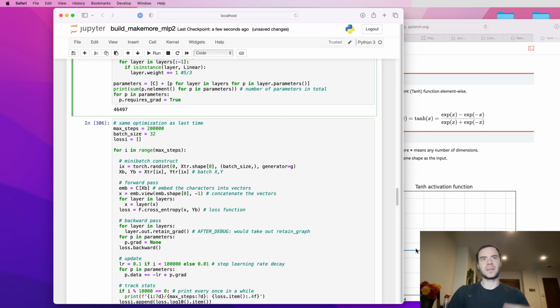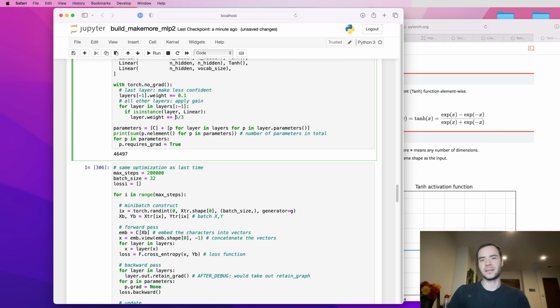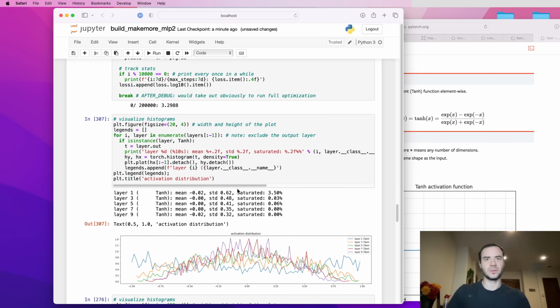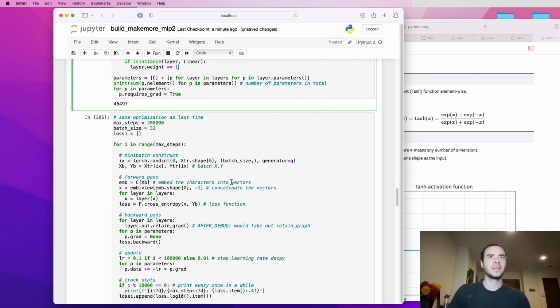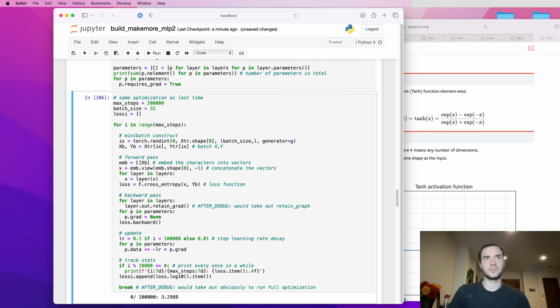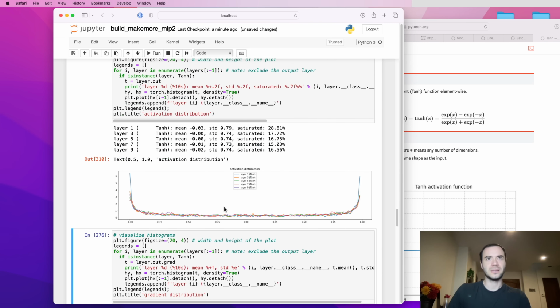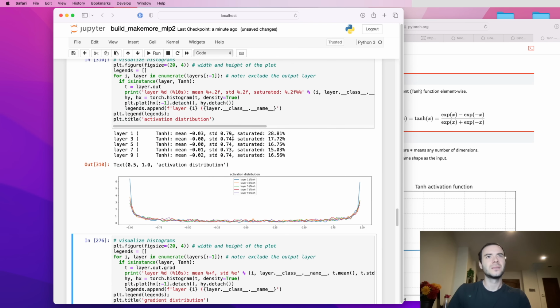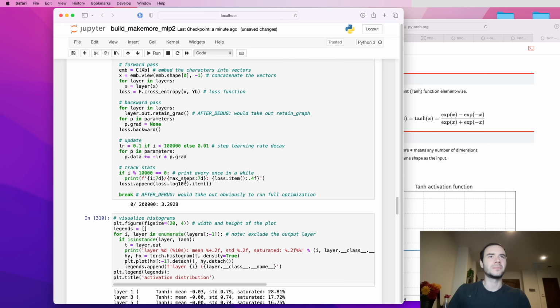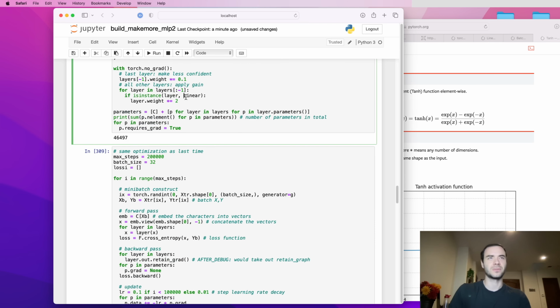And so some gain is necessary to keep expanding it, to fight the squashing. So it just turns out that 5/3 is a good value. If we have something too small like 1, we saw that things will come towards 0. But if it's something too high, let's do 2, then here we see that, well, let me do something a bit more extreme so it's a bit more visible.